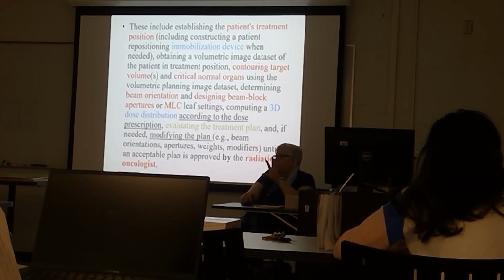So it all depends on what the policies are in your department, what they are matching to. It should be soft tissue, but it depends on the physician. Since the physician is the one who takes the heat if it's wrong, you go with what the physician wants.